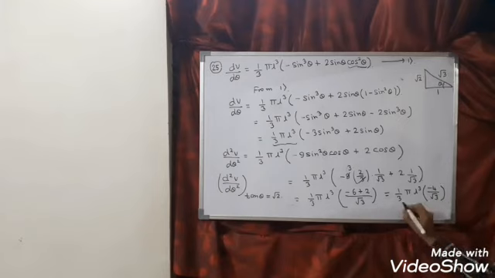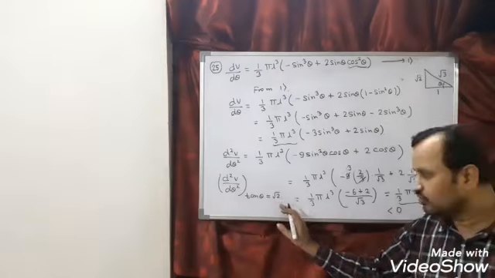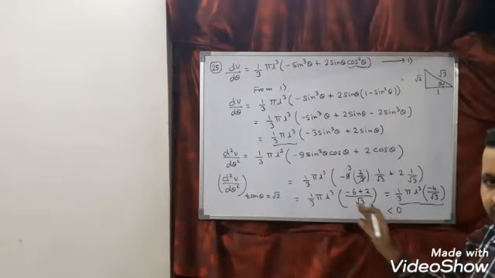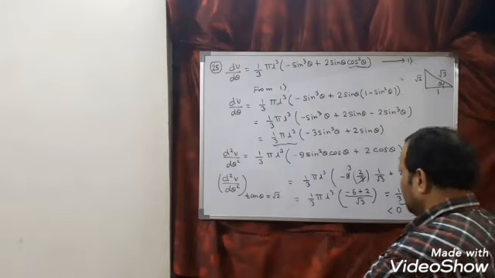So you can see here this total value is negative because of the minus. So I can say the second order derivative at tan theta equal to root 2 came to be negative. If the second order derivative is negative, it means maximum.